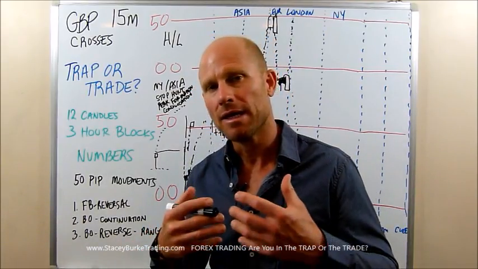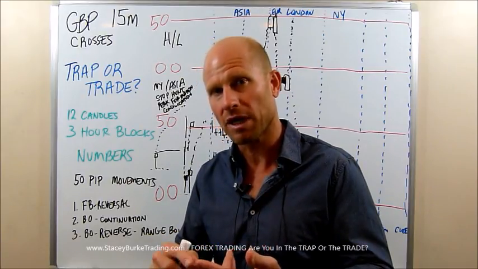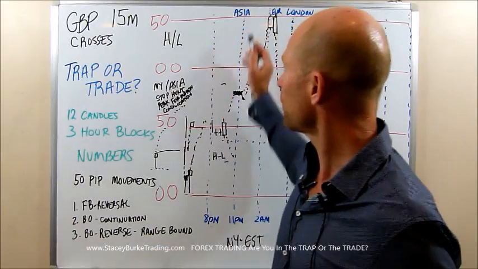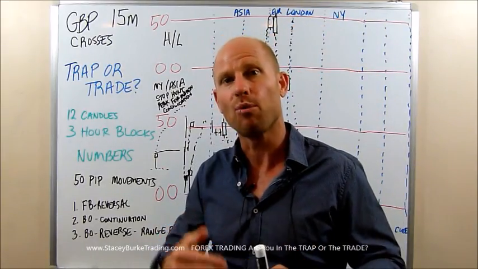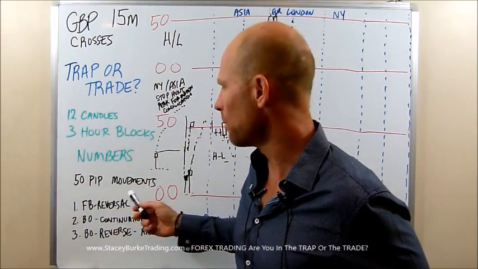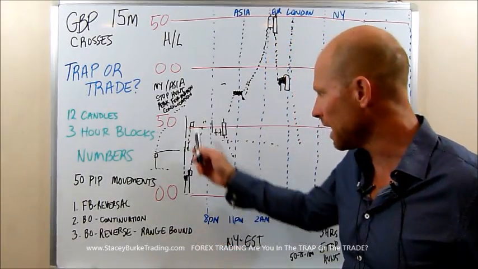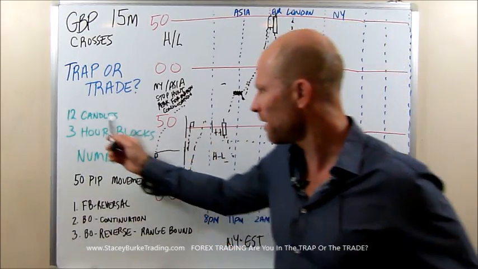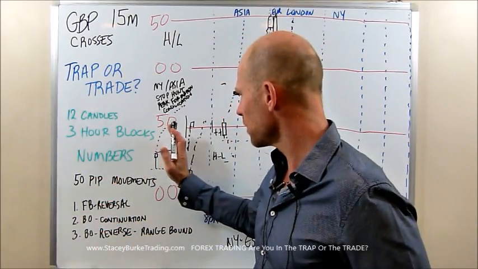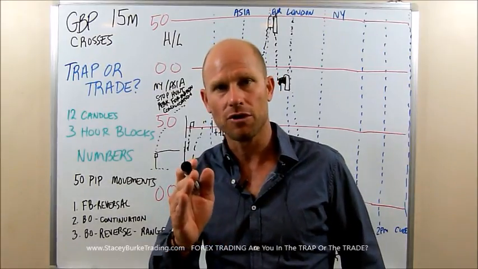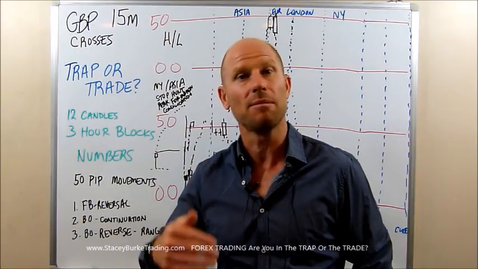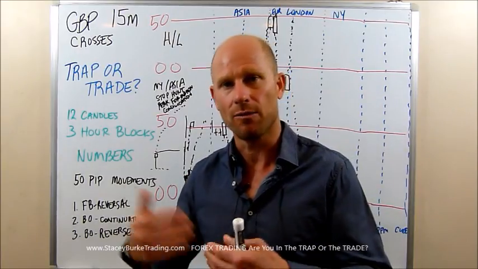So if you can think in simple terms, we talked about working from the high or the low of the day, the high or low of the round numbers, if we have high points from the previous day and the week. We talk about using the equity opening times, but again, the reason why these 12 candle blocks and 3-hour blocks are important is because you can go back and work your way through the chart heading into the open to develop a stronger thesis about where you might be positioning yourself for a trade and in which direction.